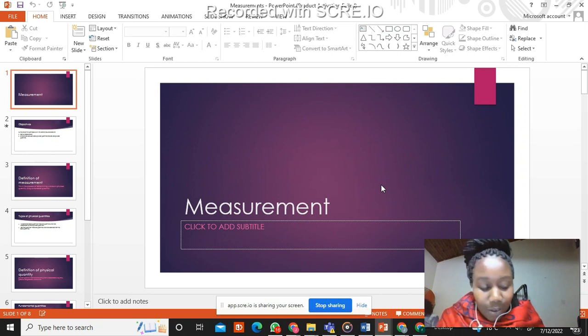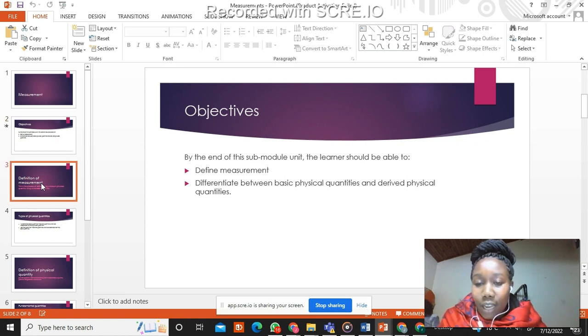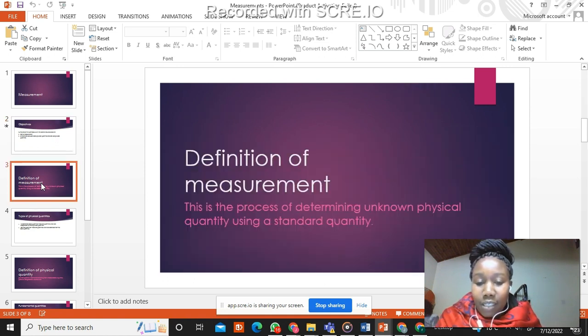Yes. So today we are going to learn about measurement, and based on our objectives, we are going to define what measurement is and learn about what basic physical quantities and derived physical quantities are. So we all encounter measurement in our day in, day out life, and we can define measurement as the process of determining an unknown physical quantity using a standard quantity.